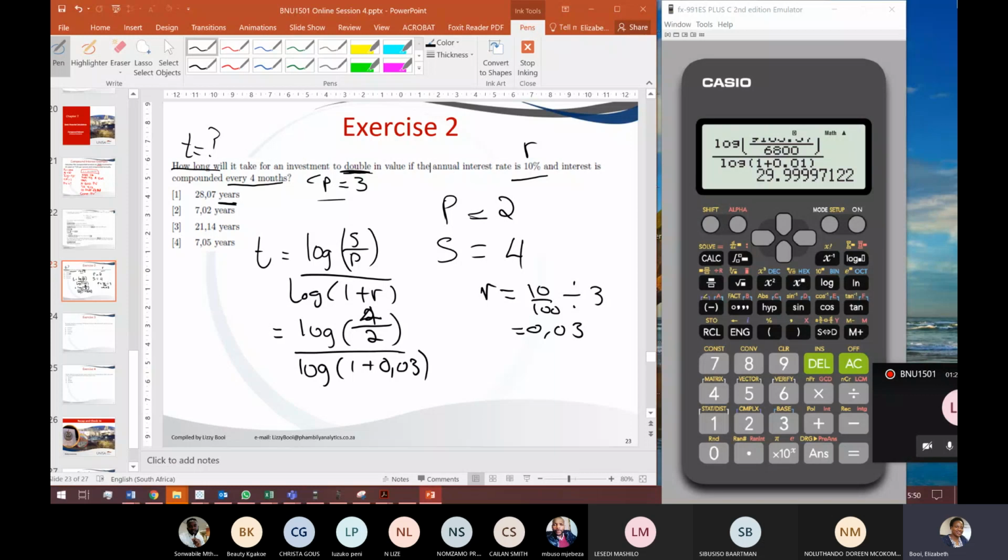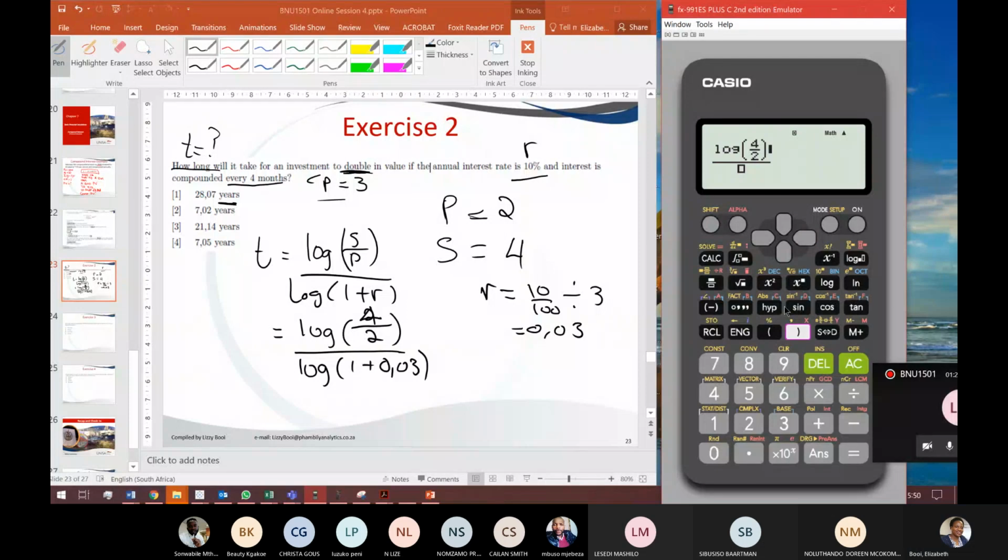Go to our formula. The log in bracket, the log of fraction 4 divided by 2. Let's use the fraction mode. Close bracket, go down.